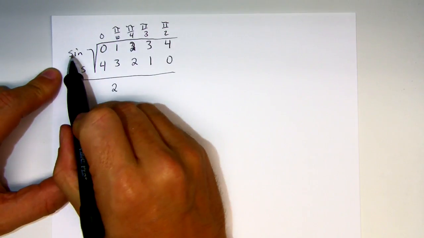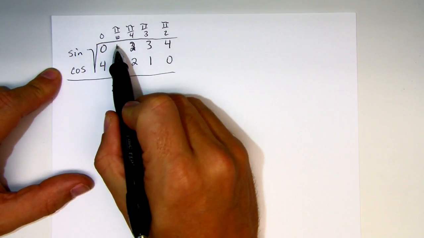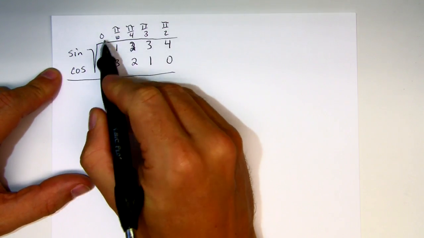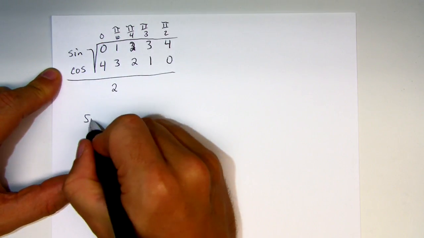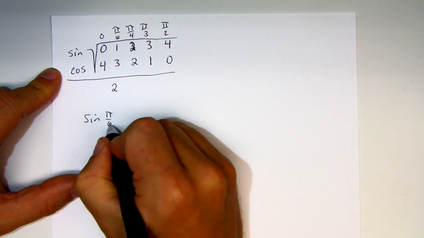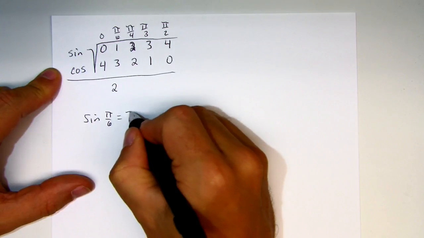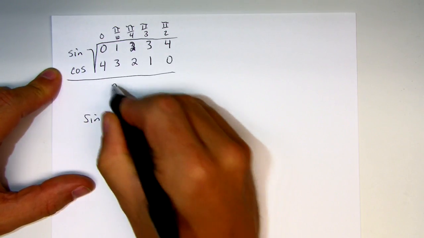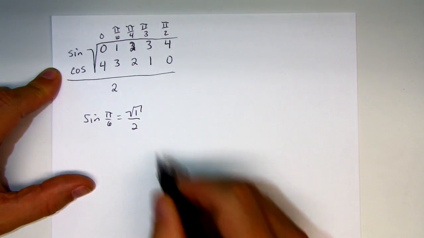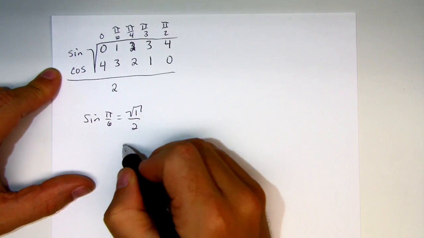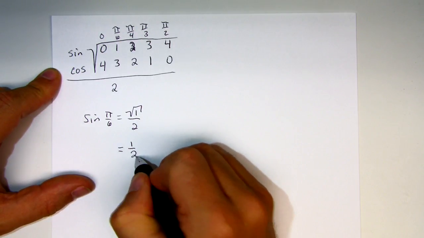I look for sine, I go to pi over 6, and what that tells me is that sine of pi over 6 is radical 1 over 2. And then I simplify this. Radical 1 is just 1, so I get 1/2.